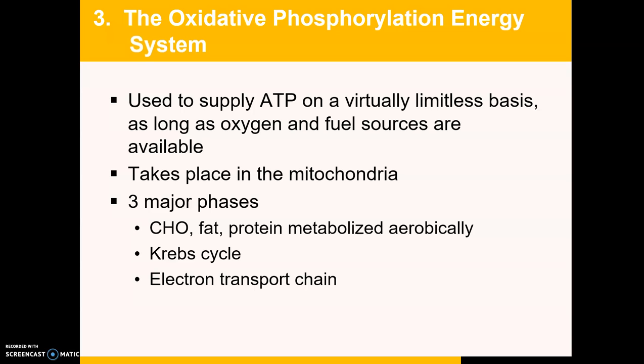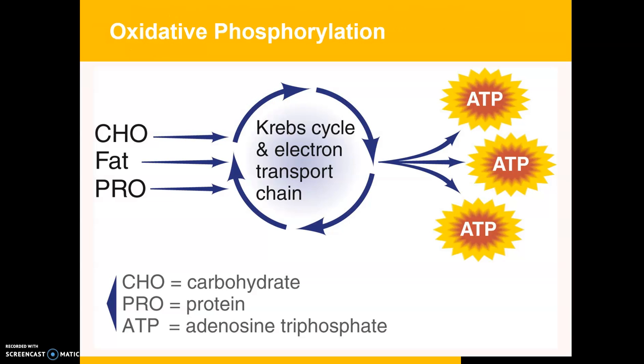Oxidative phosphorylation is a process by which carbohydrates, fats or proteins can be metabolized through a series of chemical reactions to release the energy necessary to rephosphorylate ADP to ATP. So there are three major phases. Number one is carbohydrate, fat and protein metabolized aerobically, then the Krebs cycle, and also the electron transport chain. Okay, so through all this we produce the ATP.